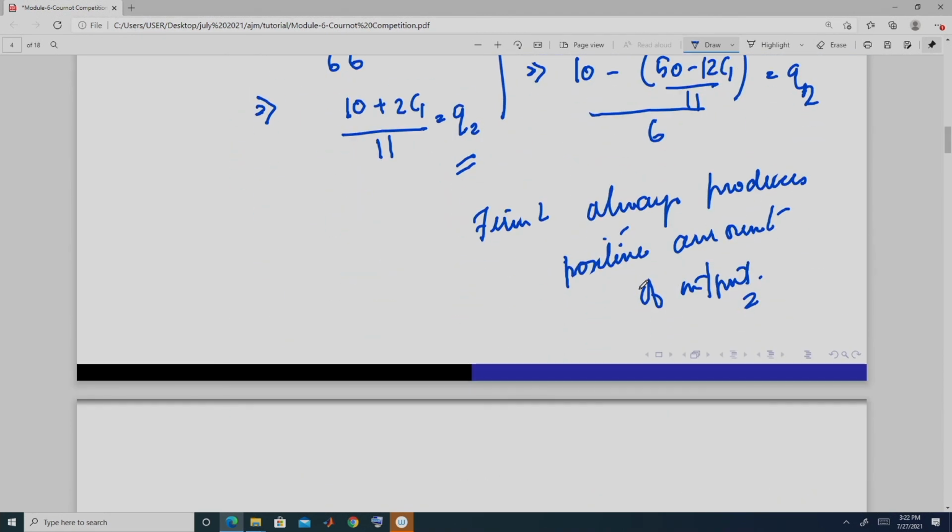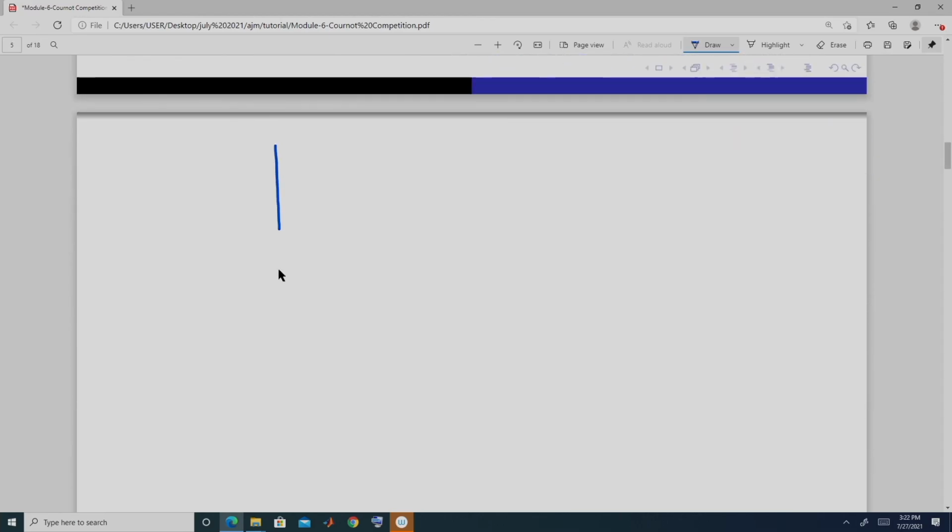So, if we have a reaction function of firm 1 and this is the reaction function of firm 2, firm 1 will not produce anything, and firm 2 is going to produce this much output. But we cannot put this curve below this, or we cannot have this curve greater than this. Why?